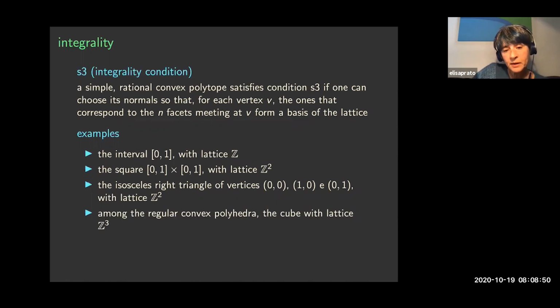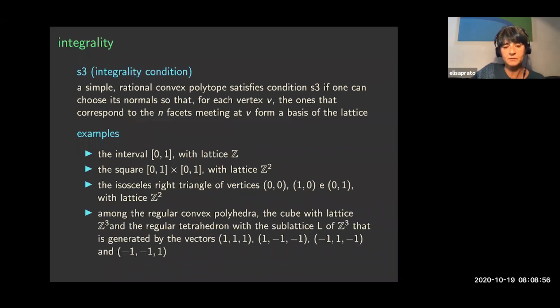And among the regular convex polyhedra, the cube with lattice Z³ and the regular tetrahedron when it's suitably placed with respect to this sublattice of Z³ that is generated by the vectors (1, 1, 1), (1, −1, −1), and (−1, 1, −1), and (−1, −1, 1).